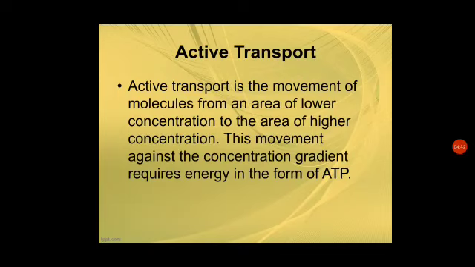They do not require energy for their movement. But in active transport, when molecules move from lower to higher concentration, they require energy in the form of bundles of ATP, adenosine triphosphate. So they move from one place to another due to this energy.